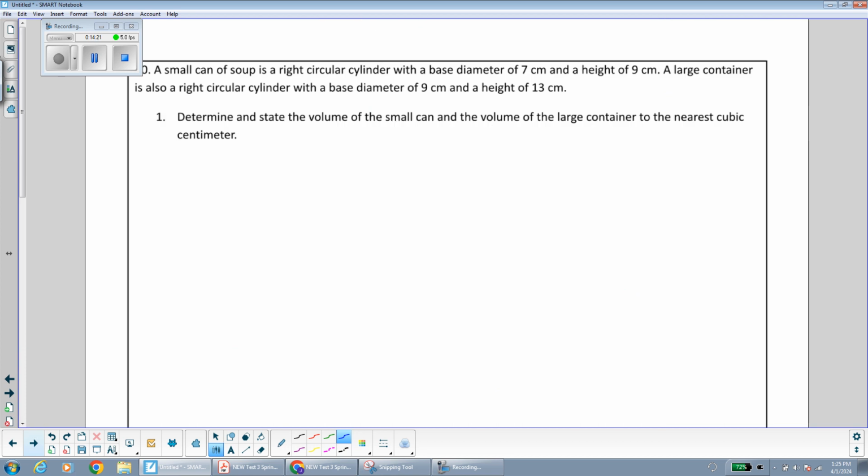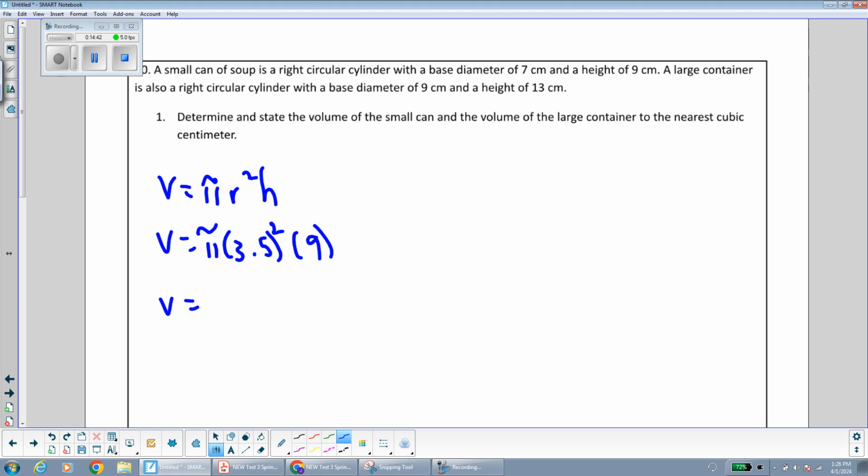Okay, for the next one over here, we have 2 cans of soup. The first one is a cylinder. So the volume formula is going to be pi r squared height. So it says the diameter is 7. So the radius is going to be 3.5 and the height is 9. So the volume here, the question does say to round to the nearest cubic centimeter.